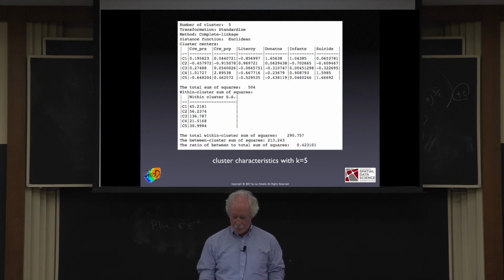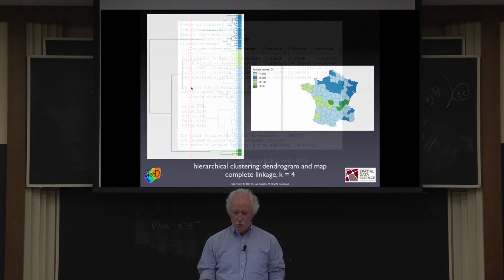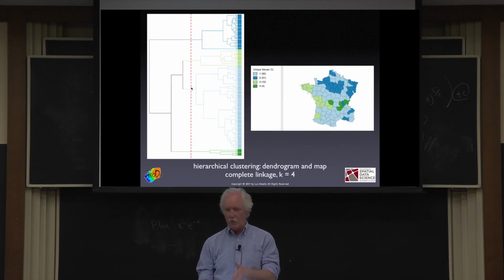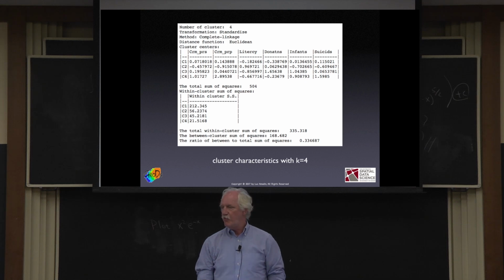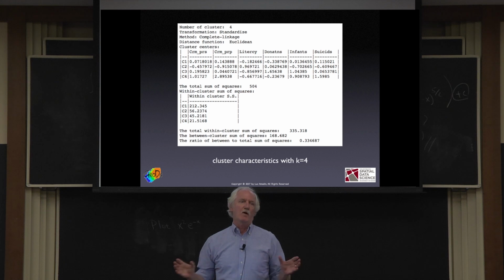Complete linkage. Now we do it with 4, same thing, right? I don't have a lot of time, but you see with 4, it goes down to 0.33, and that's typical. As you have more clusters, the difference between them will get larger.